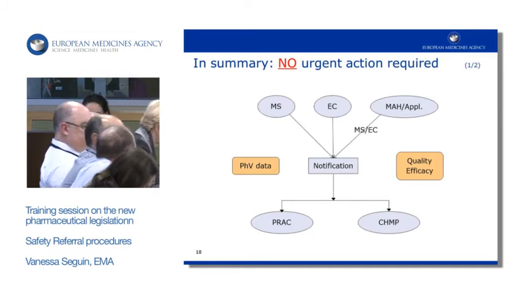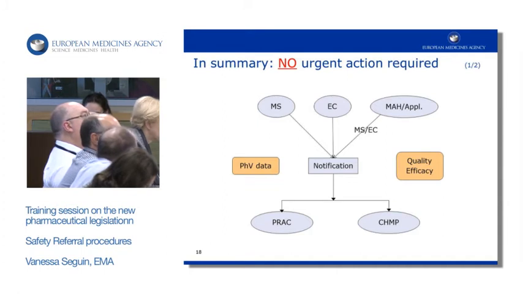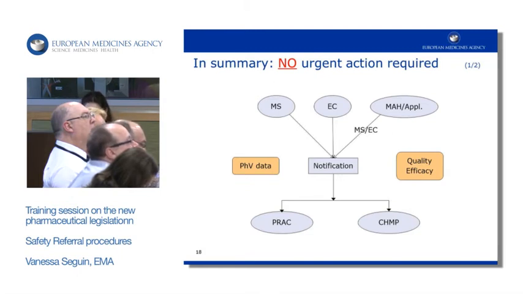So in summary, I just wanted to put two very simplistic slides, but I think it's very visual. So when no urgent action is required, it is a 31. The triggering bodies are on the top of the slide: member state, commission, MAH, or applicant, who will send the notification to the network. This notification will either trigger the referral based on pharmacovigilance data, or trigger the referral on quality efficacy.